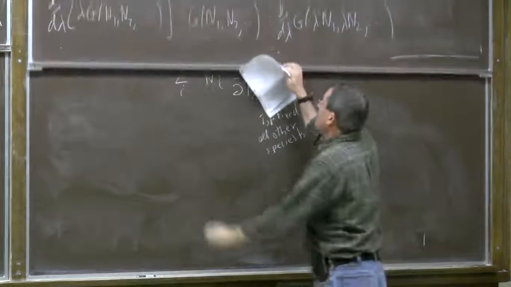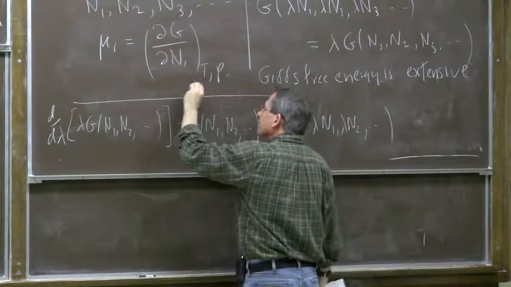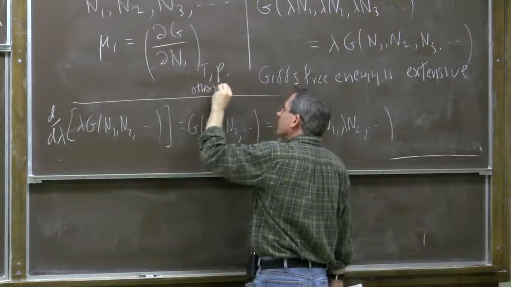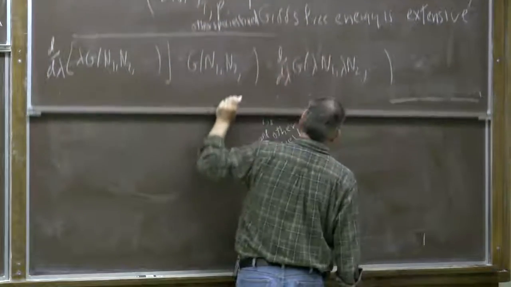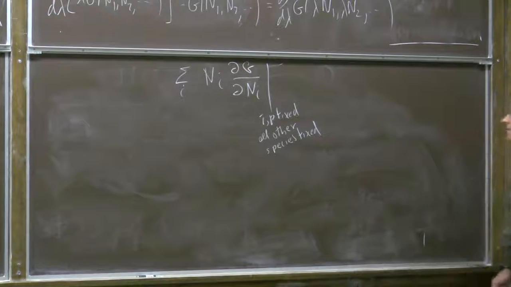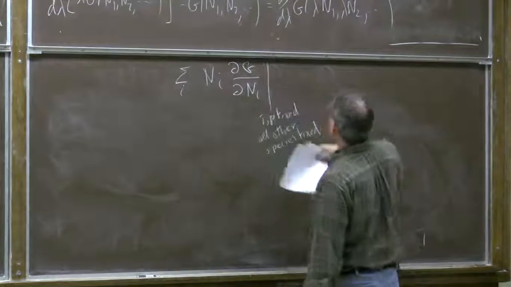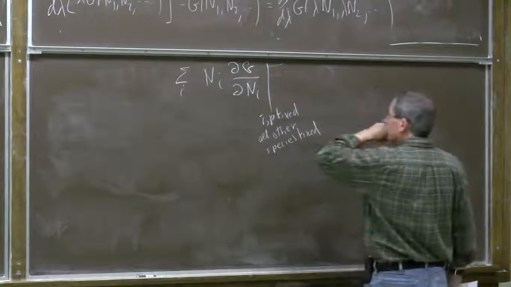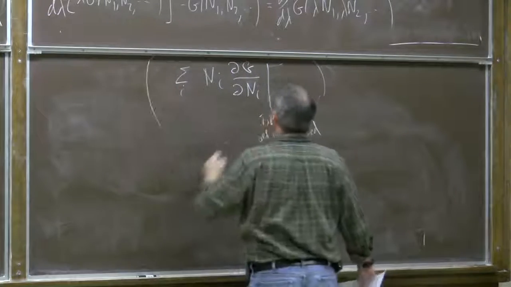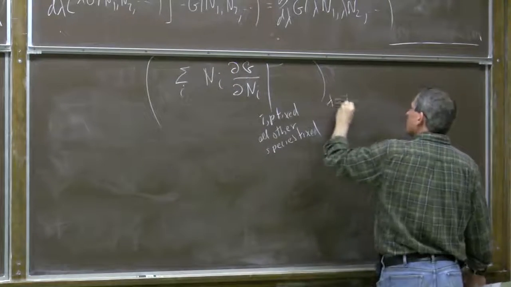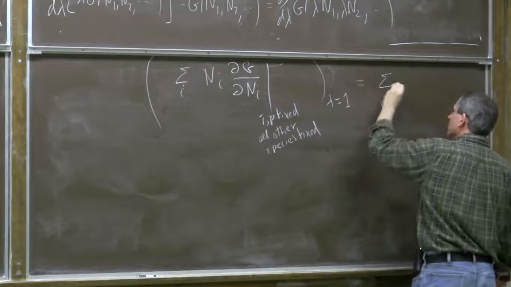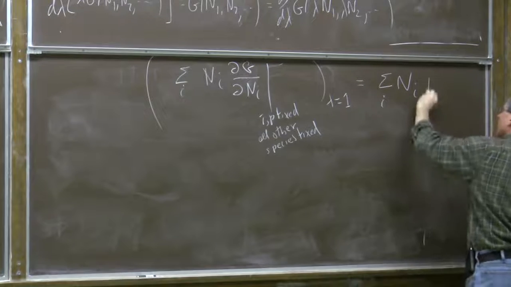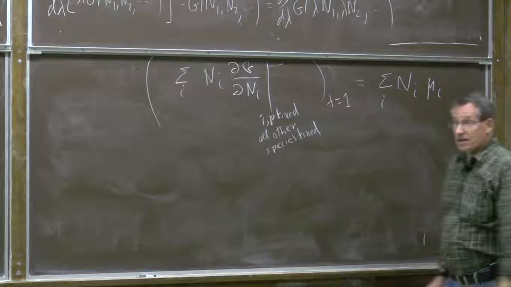And I should have said that up here. I'm considering varying the number of particles of just type I, keeping the others fixed, to define the chemical potential. Okay? And then if we set lambda equal to 1, I actually still have lambdas in here, but if I set lambda equal to 1, then that's just the sum over species of Ni times chemical potential of species I.